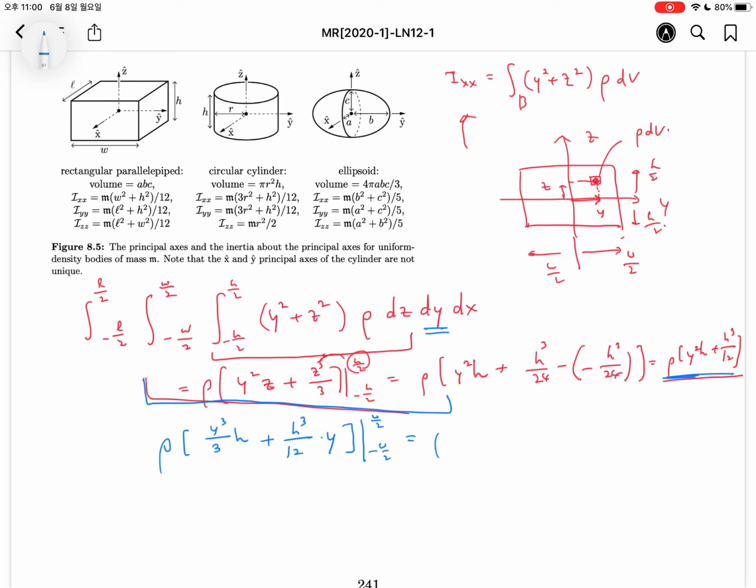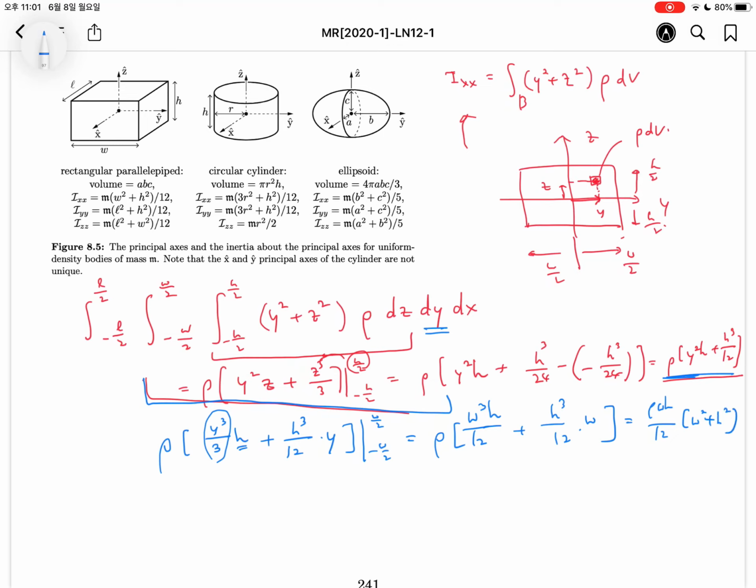Here rho, and then it will provide h w cube over 12, and then h here, plus h cube over 12, and then w. Like this we can write down rho w h times w square plus h square over 12.